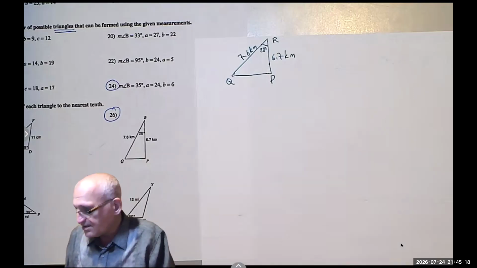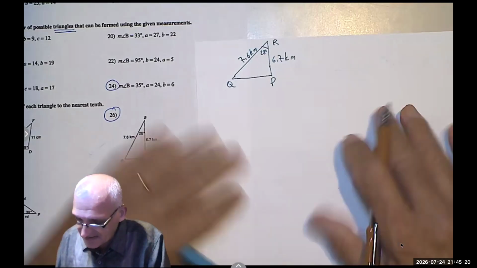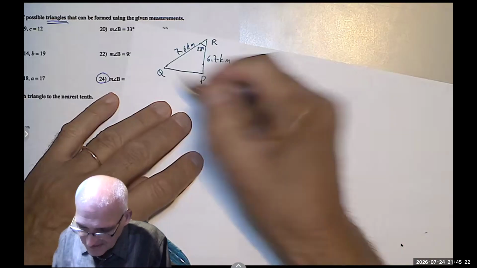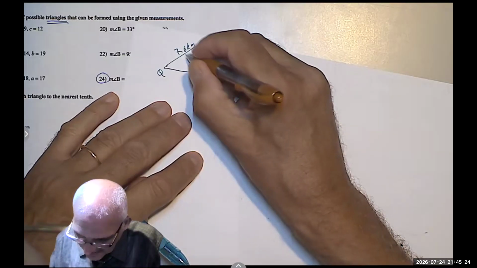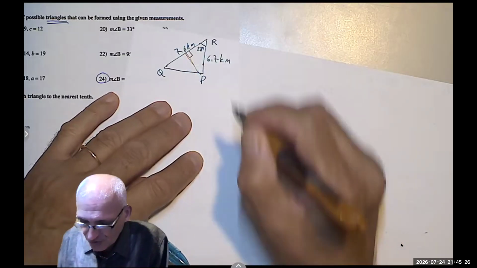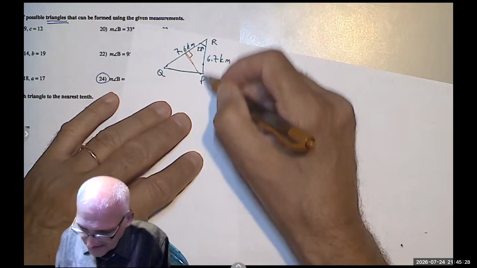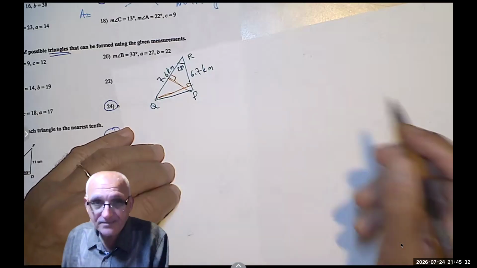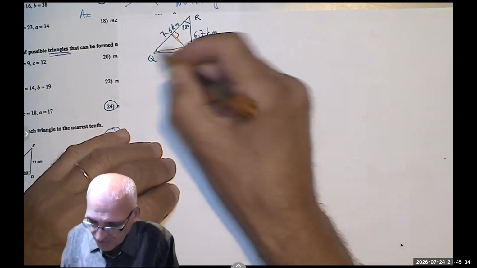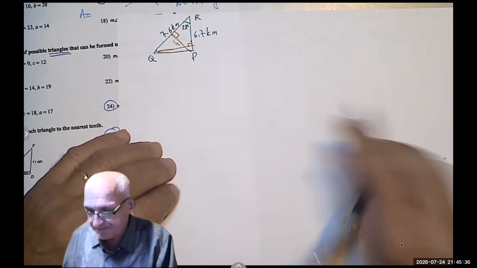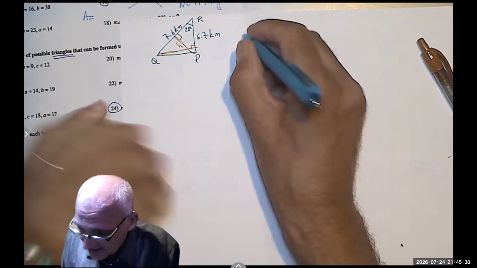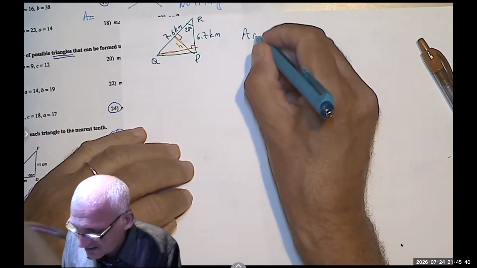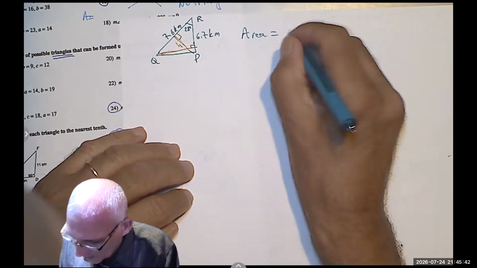You can think of it either way. You can say this base times that height over 2, or this base times that height over 2. So let's say this one. So this is the height. So we say the area of the triangle, area equals 1/2.